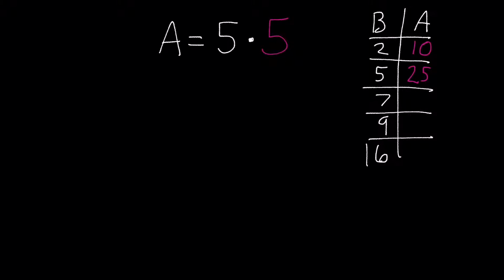So if I were to continue, well, next one will be 7, so 5 times 7 gets me 35. 5 times 9 gets me 45. And then lastly, if I were to use 16 as my input, 5 times 16 gets me 80. That's all there is to it.